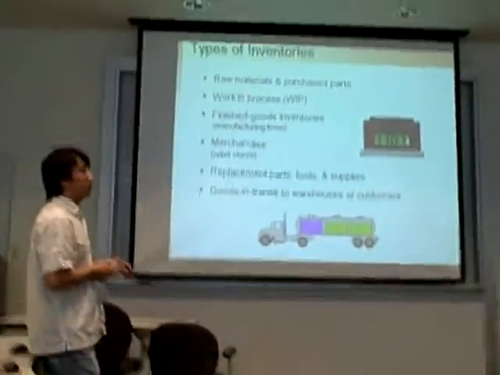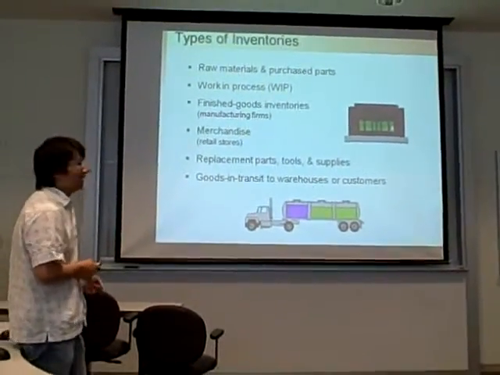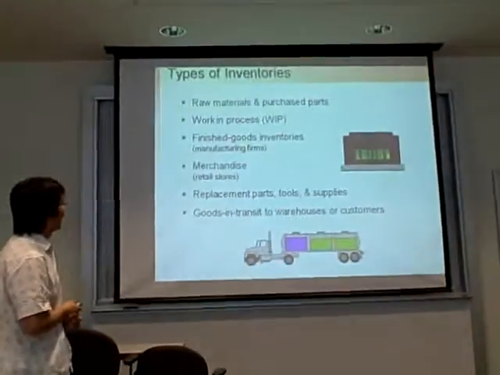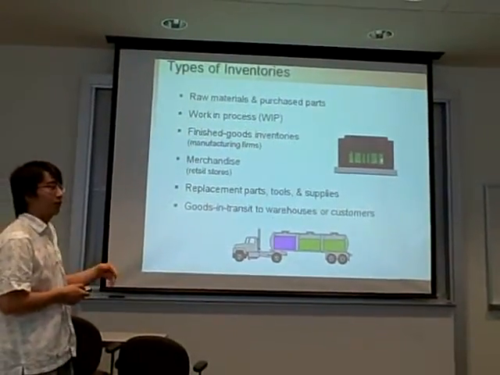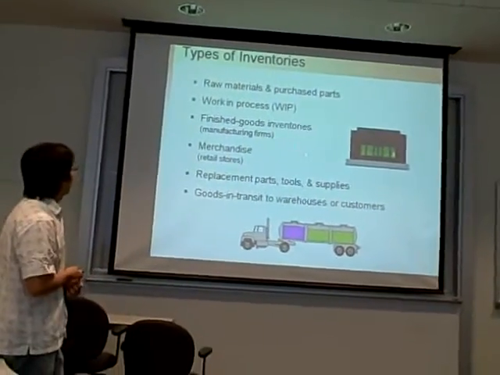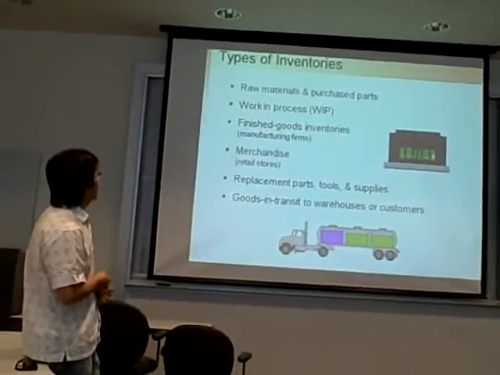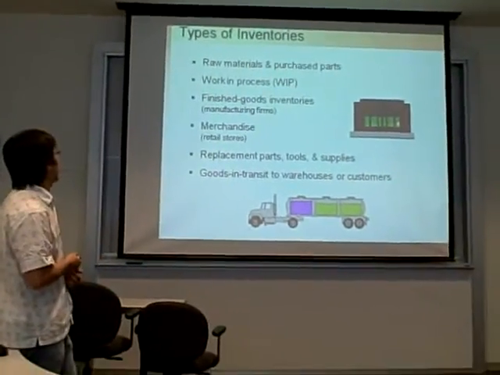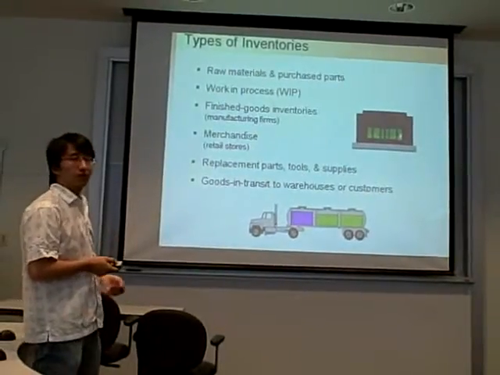Work-in-process is as it means by the words, so I don't think I need to explain it. The next type is finished goods inventory, which is ready to sell, for manufacturing firms. The fourth type is merchandise, for retail stores. They are placed on the shelves ready for the consumer to buy.